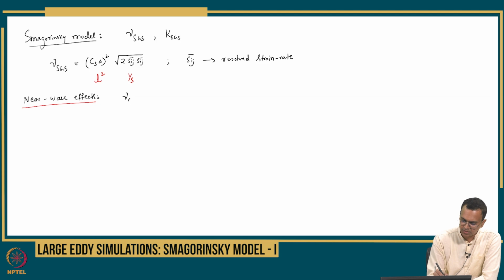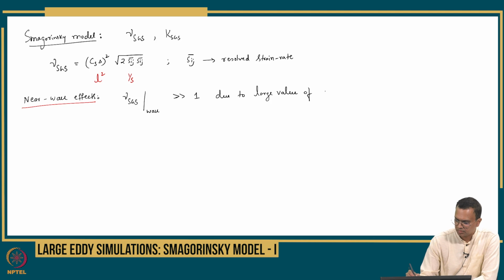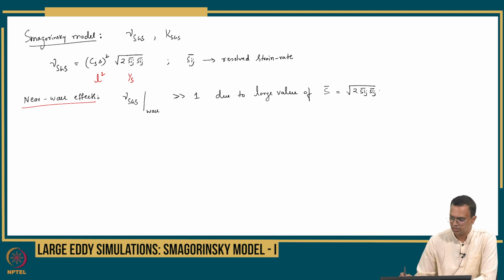So you can take a note here: near wall effects. Near the wall, nu SGS becomes very large due to the large value of the resolved strain rate, that is S over bar, which is nothing but the square root of 2 Sij over bar Sij over bar, a large strain rate.